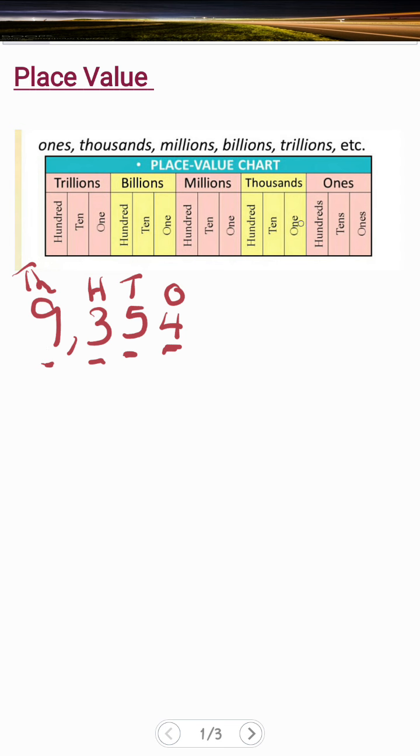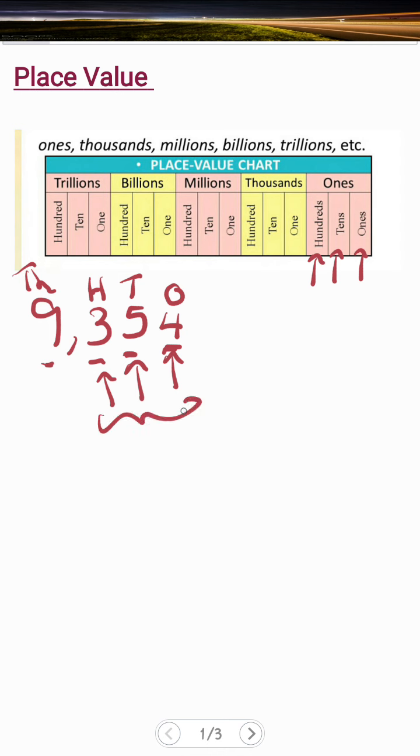9,354. If you look here on this place value chart, we see that the ones period is divided into 3 stages or 3 positions: the ones, the tens, and the hundreds.